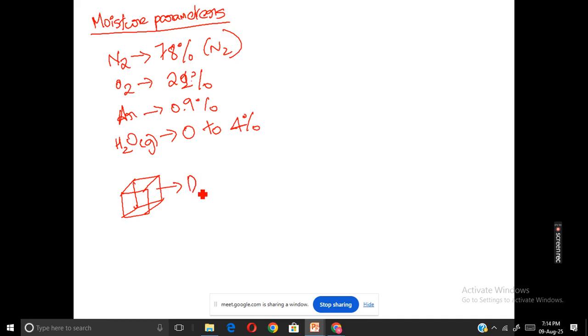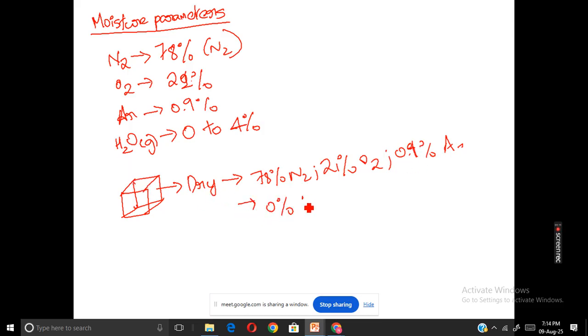If it is dry, it means it will have 78% of N2, then 21% of O2, 0.9% of argon, etc. And when I am saying dry, it has 0% of water vapor.